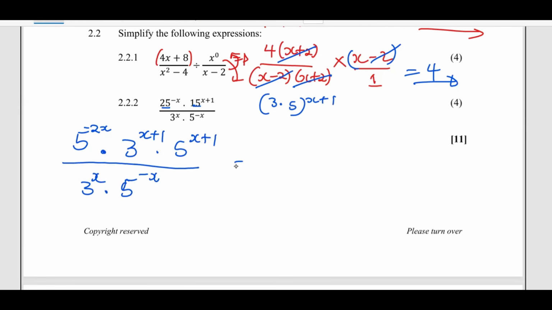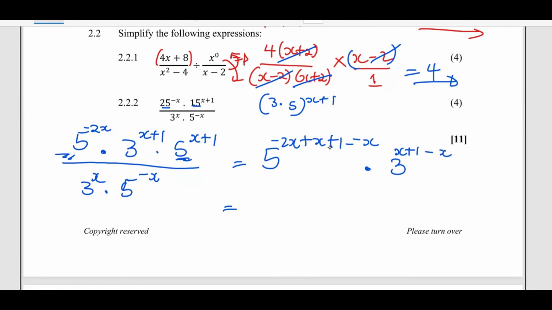Let's apply the laws, only for bases that are the same. So it's 5 to the minus 2x, plus the x, plus the 1. But now we are subtracting, so minus x. Let's look at the 3. It's going to be x plus 1, and then we are subtracting the x.